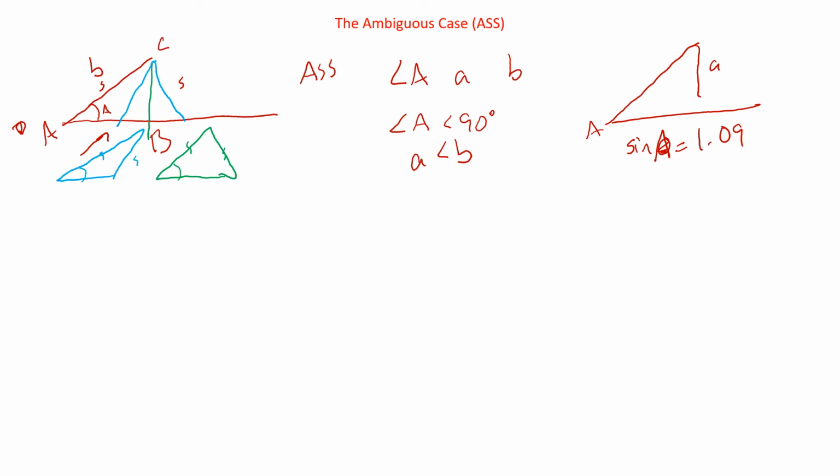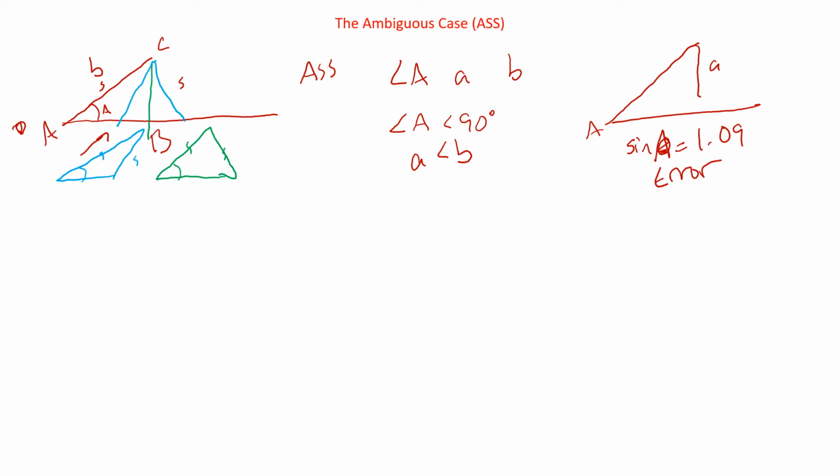But sine is always in between -1 and +1. And so when you do this, you're going to get an error. If you get an error, that means that side length is probably not long enough to reach there. And so it's possible to have 0 triangles from this. Most of the time we get 1 triangle. With the ambiguous case, we have the possibility of getting 2 triangles.